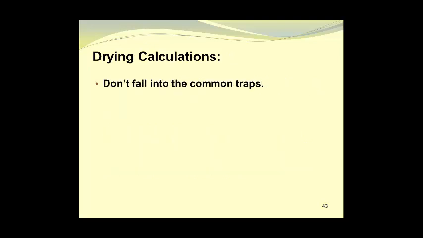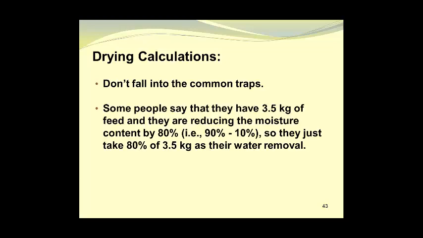Now I'd like to warn you about a common trap into which people fall. Some people say that they have 3.5 kilograms of feed and they are reducing the moisture content by 80%. That is, they say they have 90% moisture in the feed material and that they have 10% moisture in the final product.